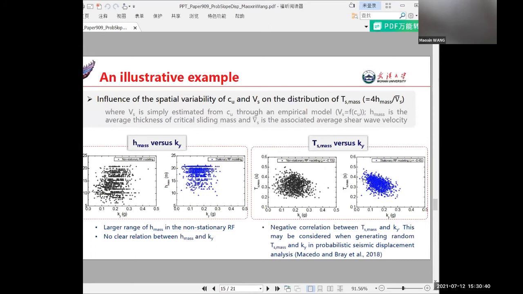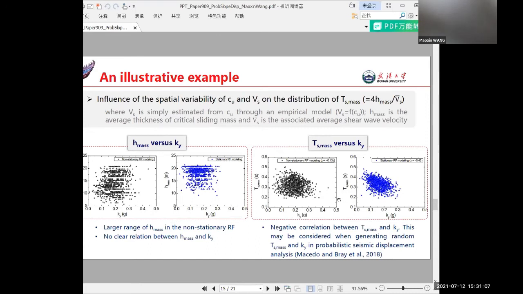Then, because we have known the geometry of the sliding mass, we can calculate the thickness, H mass, and the fundamental period, TS mass, approximately. We found the non-stationary random field model produces larger range of H mass, but there is no correlation between H mass and KY. On the other hand, we found a negative correlation between TS mass and KY.